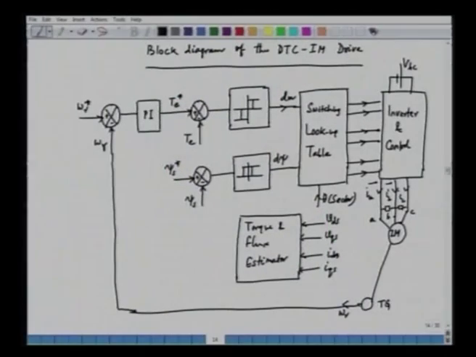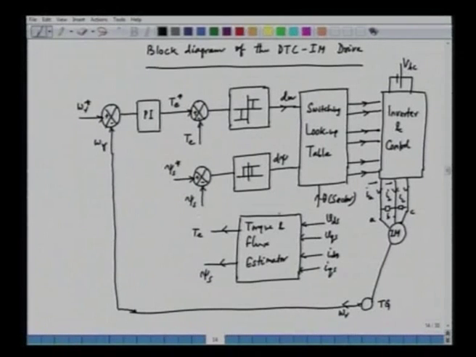And these are the input to this torque and flux estimator, and the output of the torque and flux estimator will be TE, the torque, and the stator flux psi s respectively. The TE will be fed to the torque comparator, and the flux will be fed to the flux comparator.